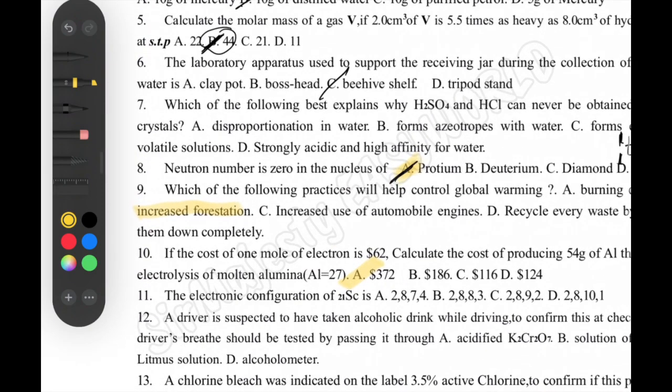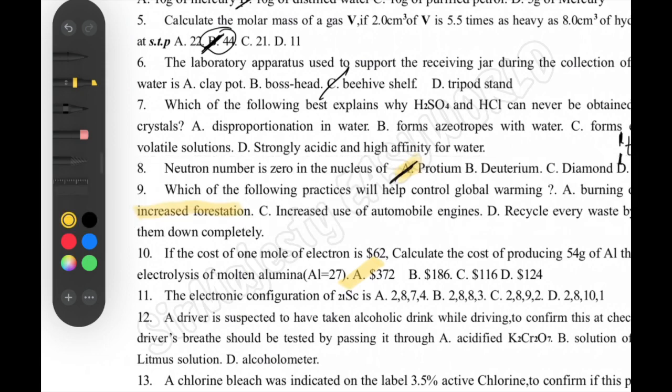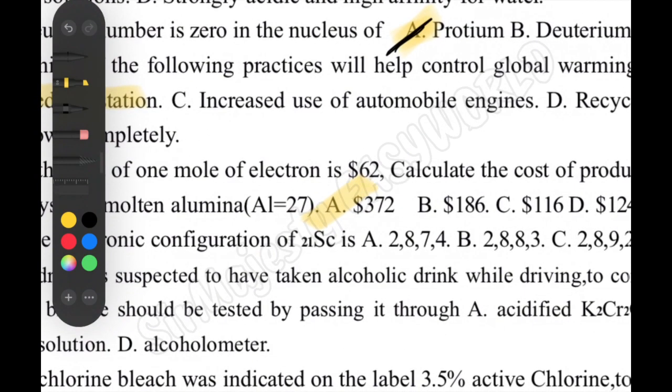Okay. The electronic configuration of scandium atom is, they show us the distribution of the electrons in the shells of scandium. Scandium is number 21 as indicated there. So being number 21, we are distributing 21 electrons, and you look at the whole option.